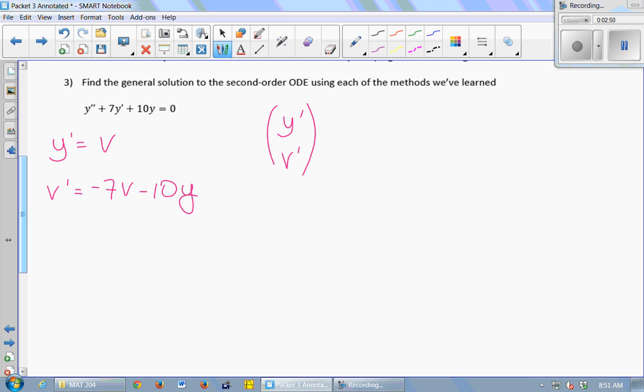Many people like to do v prime, y prime. It doesn't matter, as long as you keep everything consistent. My matrix is going to be 0, 1, negative 10, negative 7. And if you did v, y, your matrix will be switched around a little bit. All right, so now we have a linear system.